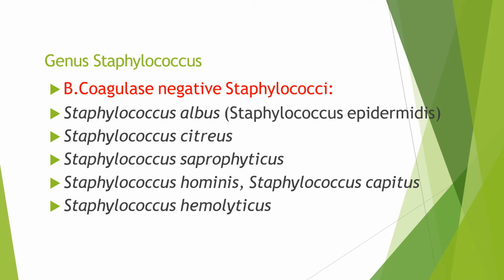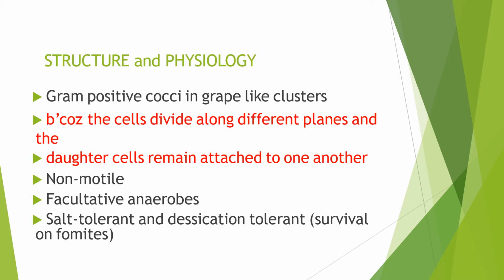It is a common normal flora, but it causes honeymoon UTI, urinary tract infections in sexually mature or reproductive age group ladies. Also Staphylococcus hominis, Staphylococcus capitis, Staphylococcus haemolyticus. These are all coagulase negative staphylococci.